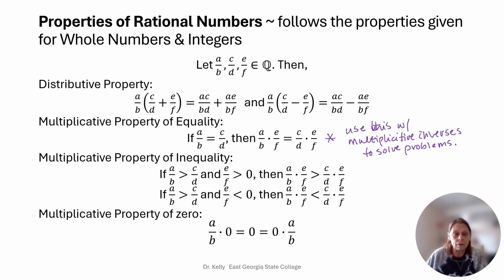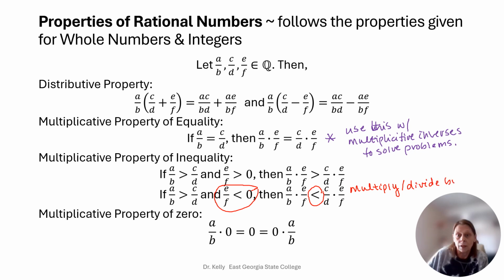Multiplicative property of the inequality. Remember, the thing that you have to remember here is when you multiply by a negative number, it flips the inequality. Okay, so multiply or divide, by the way, by a negative number, then flip the inequality sign.